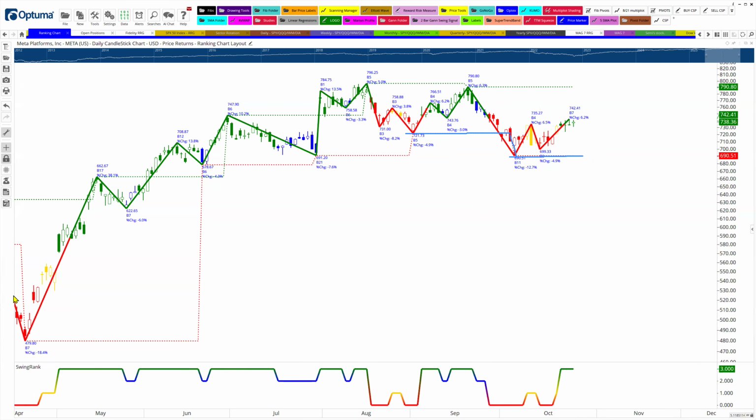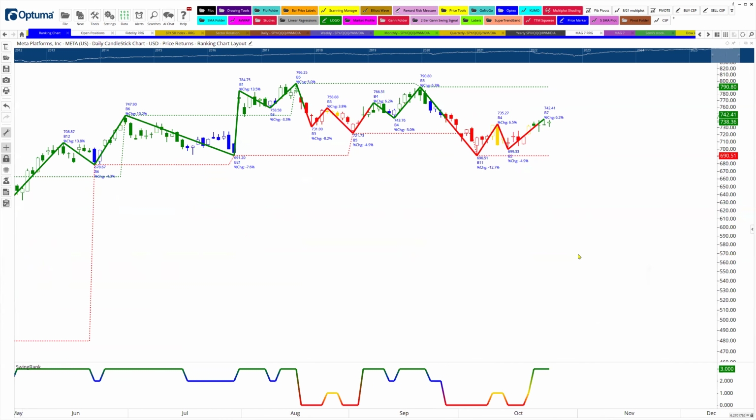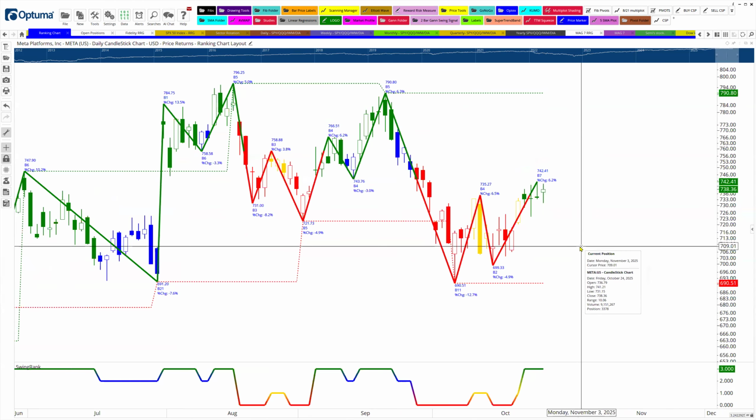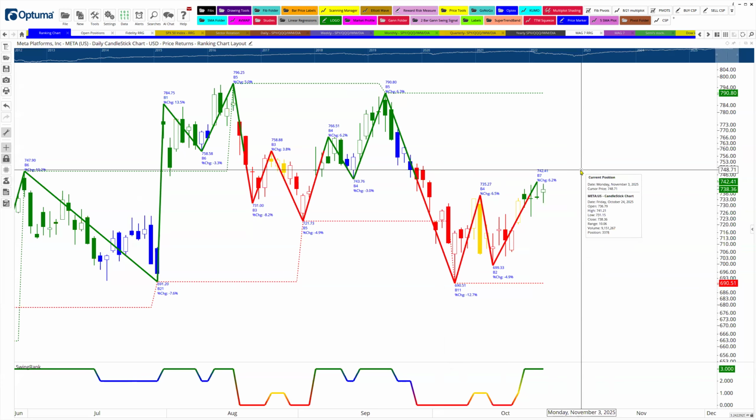So I know Meta earnings are coming, okay? And with earnings, nobody knows which way the stock is gonna swing. Drawing a perfect wave count and having a perfect swing chart, in the end, means nothing because you don't know which way the price is gonna go.